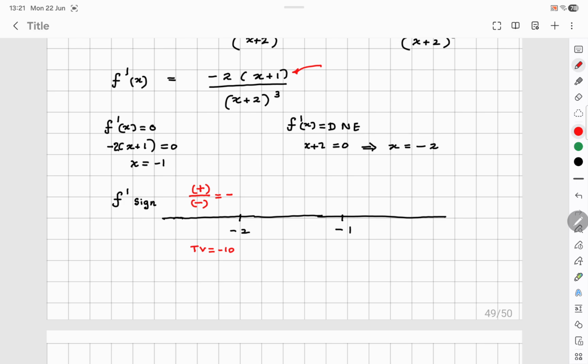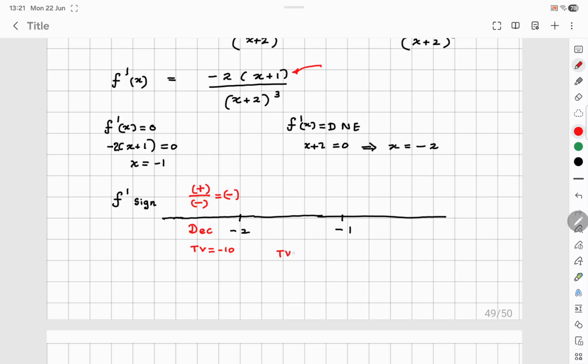Total is minus. So the derivative sign in the first interval is minus, so this is decreasing. When the x values are less than minus 2, the function is decreasing.